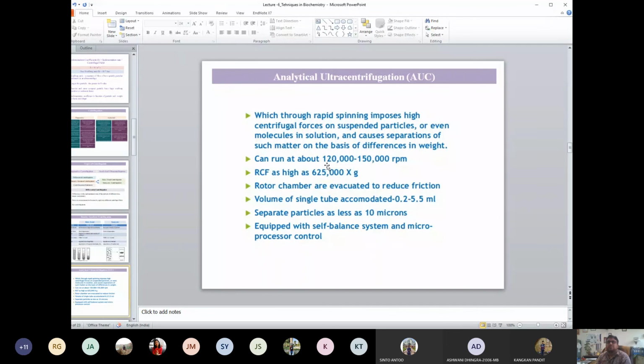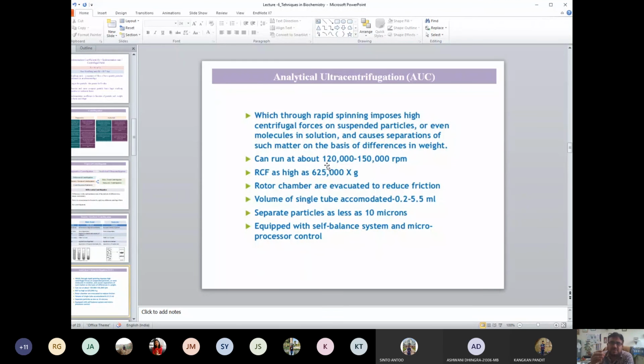Because if vacuum is not there, there is every possibility that it will catch fire because of its high speed and the friction imposed by the air. So ultracentrifuges are basically vacuum-based, where we have a specialized rotor used to impose a high centrifugal force on the suspended particles.